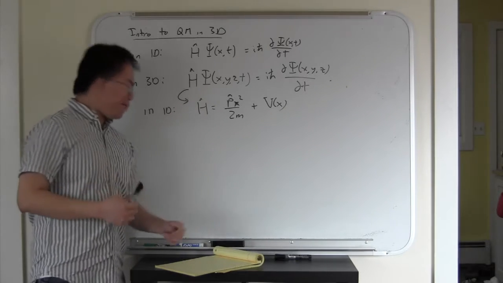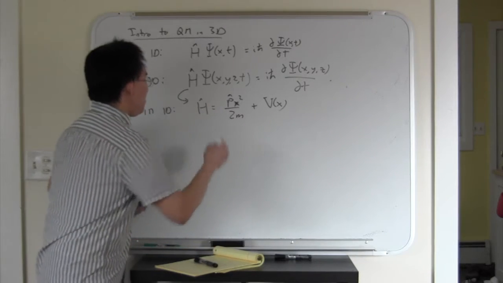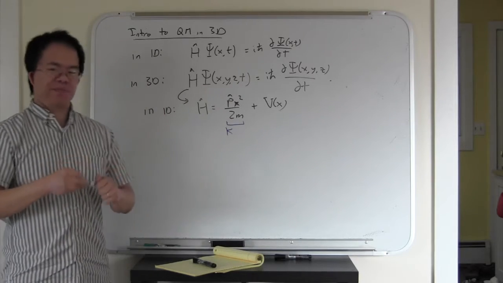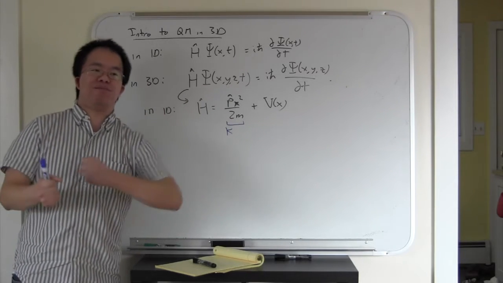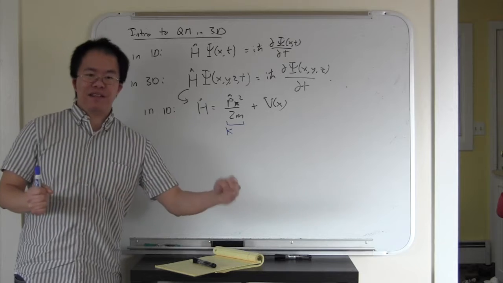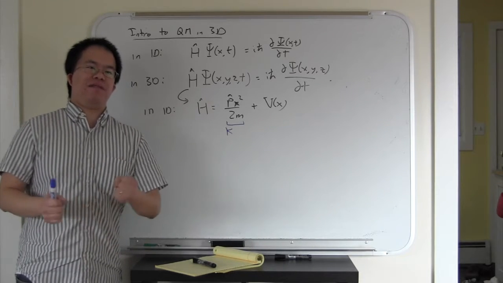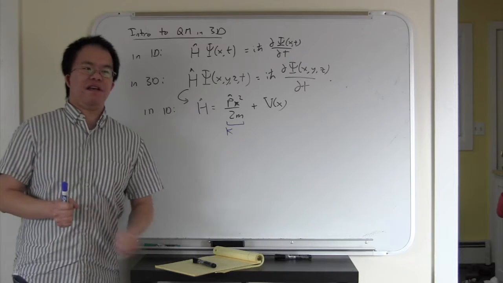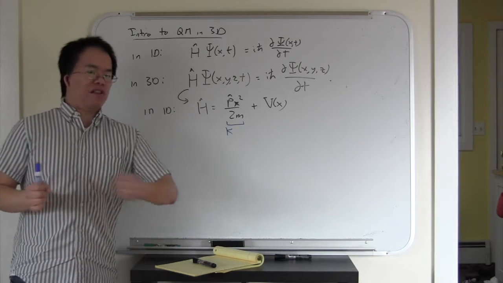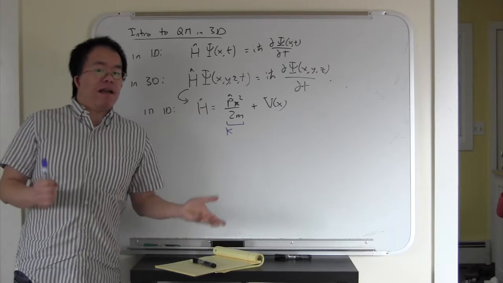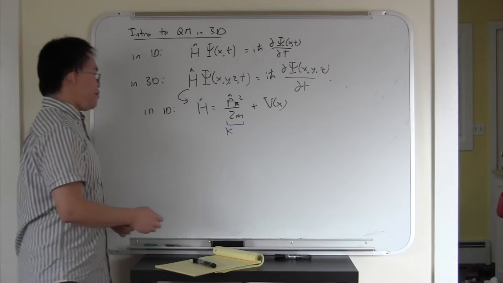That's the important thing, because this is really kinetic energy. If I have a particle that's moving in 3D, the magnitude of its velocity is going to depend on not just the x component of its momentum, but also its y and its z component.